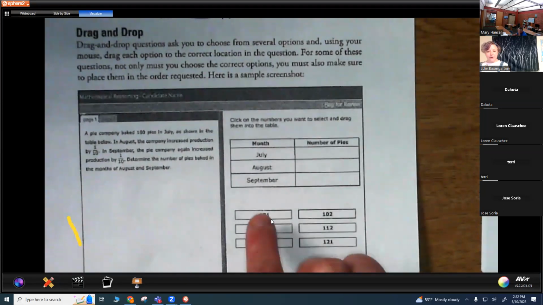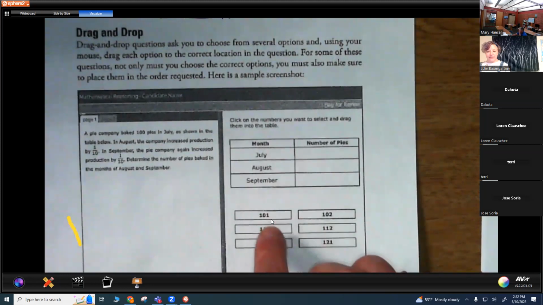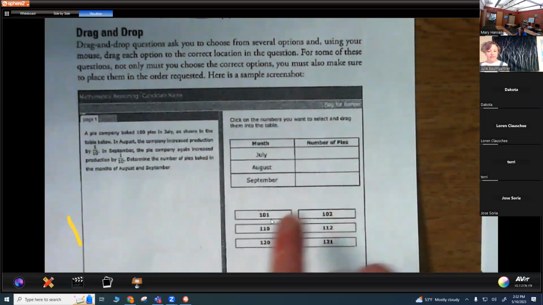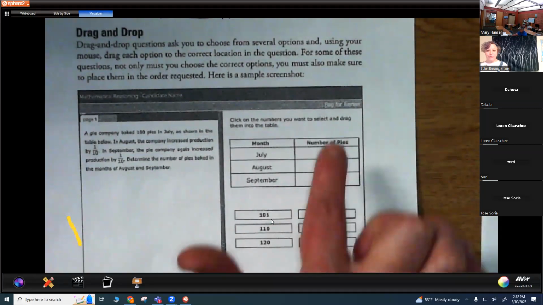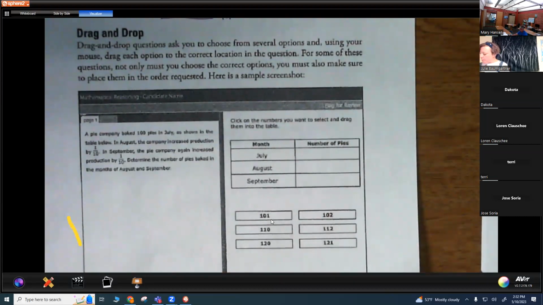On the computer, you're going to have to drag the numbers into the empty spaces. So you get to choose from several options and use your mouse to drag them into the correct location. Okay.